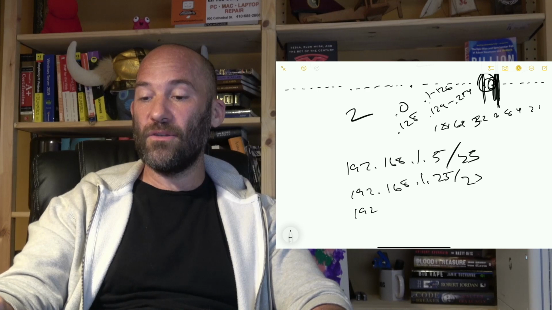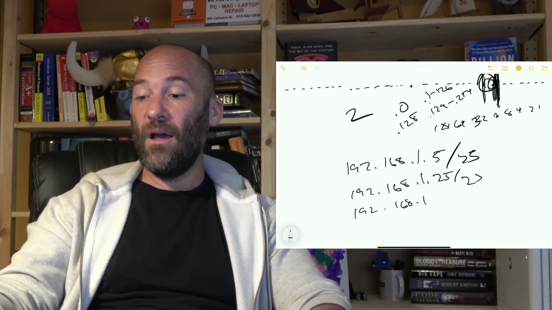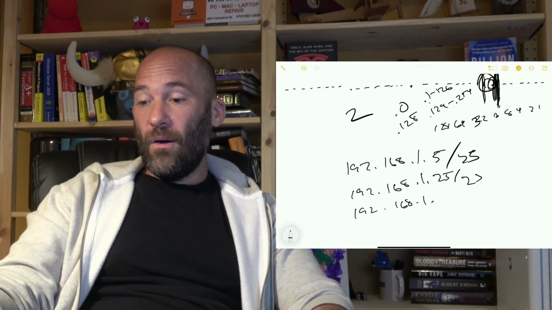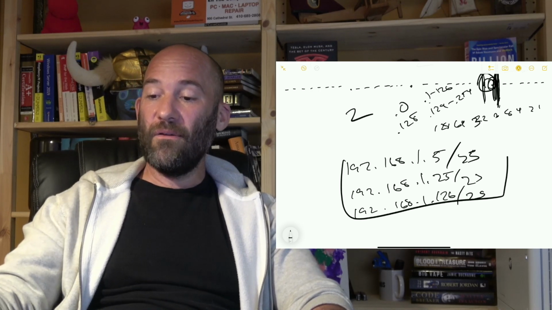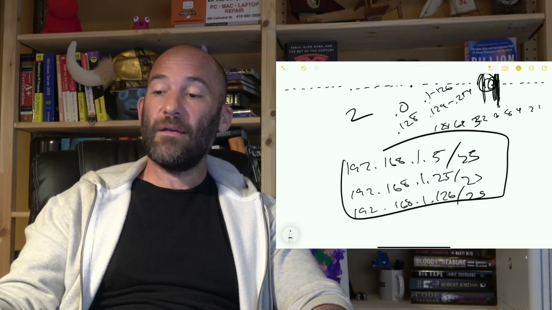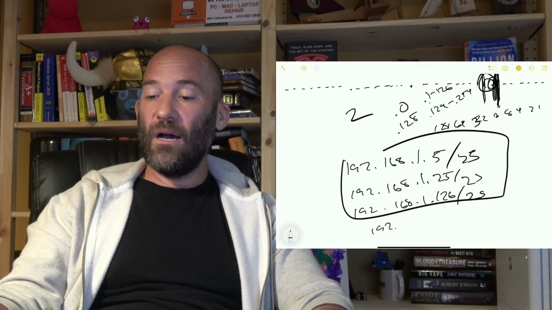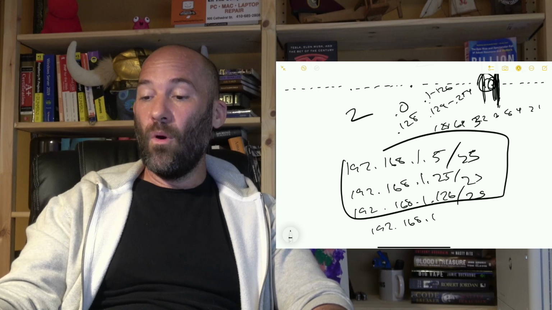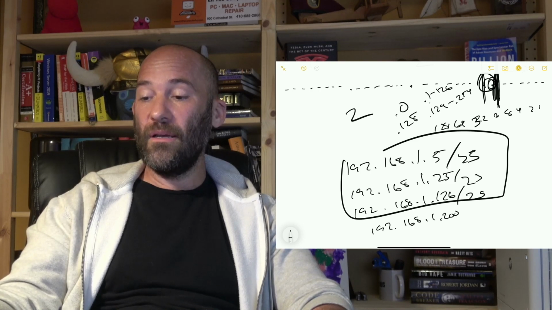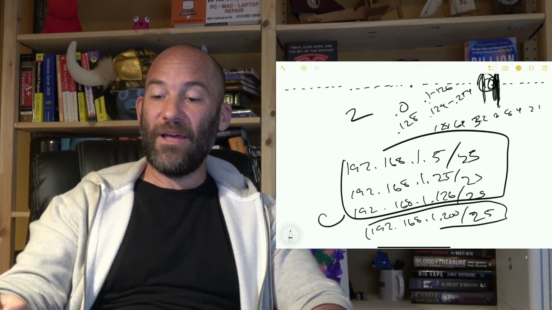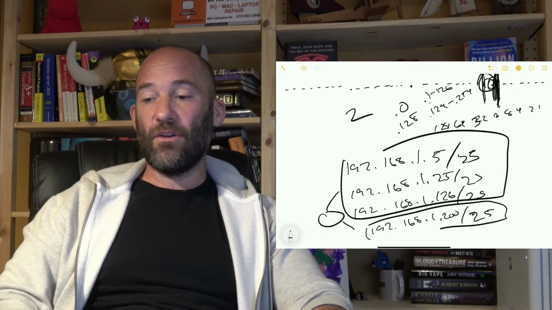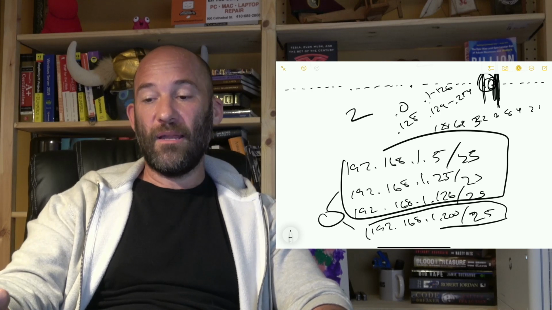It can see .126/25. So all of these would be in the same subnet. 192.168.1.200/25 would be in a different subnet, and that is where you would need the routers to be communicating between the 2.